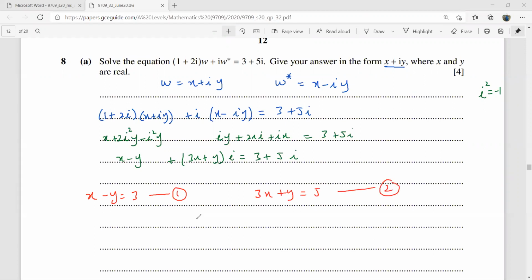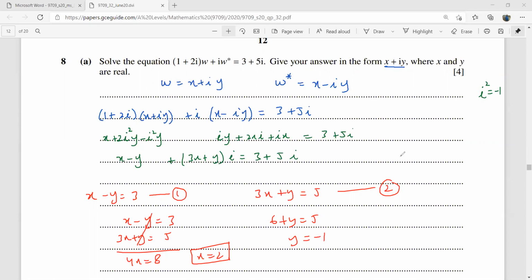If you solve them simultaneously, let's add them together. x minus y equal to 3, and then 3x plus y equal to 5. While adding, you get 4x equal to 8, so your x is equal to 2. Then you put it here, 6 plus y equal to 5, and your y is equal to minus 1.